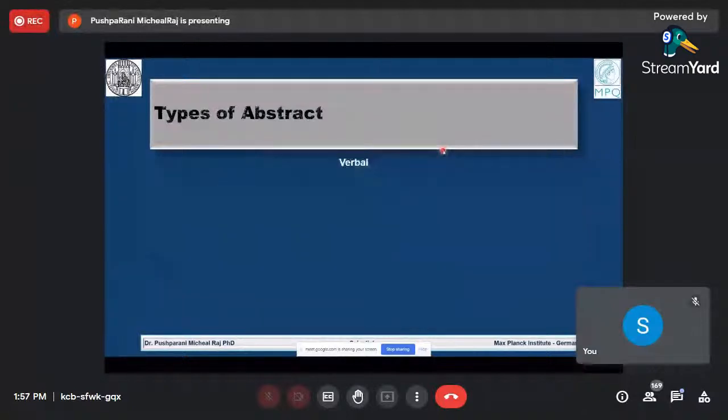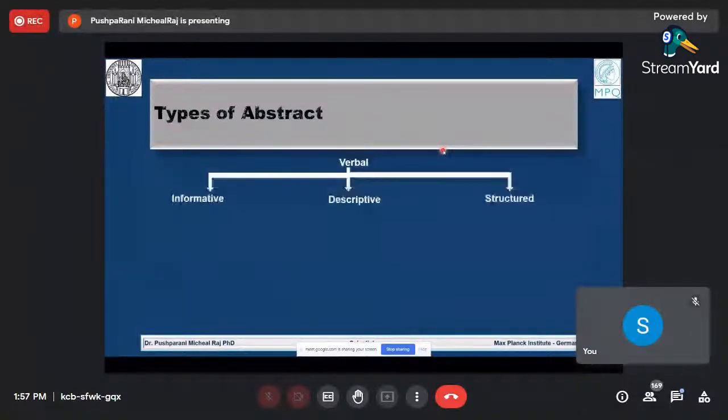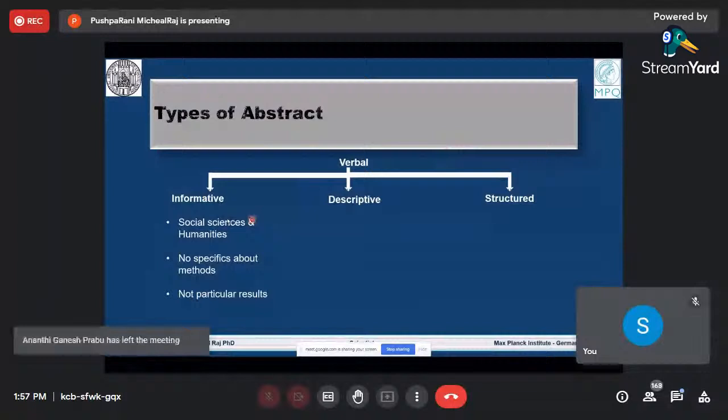And for the verbal abstract, we have to be informative, descriptive, unstructured, because the information is all about social sciences and humanities, since they might not have as much laboratory or chemical material to put forward in their paper. So it mostly goes into the informative type of abstract.